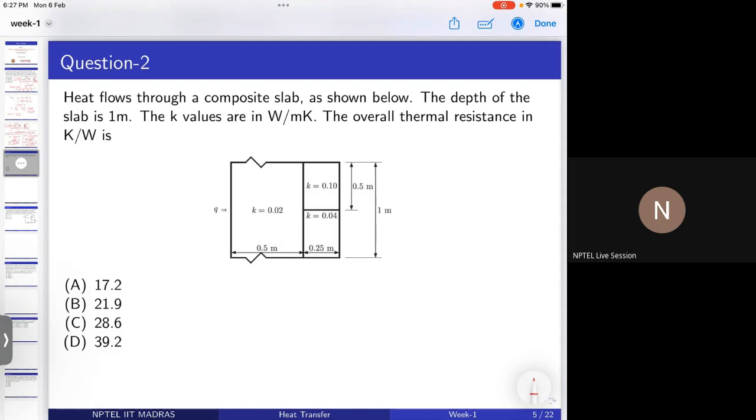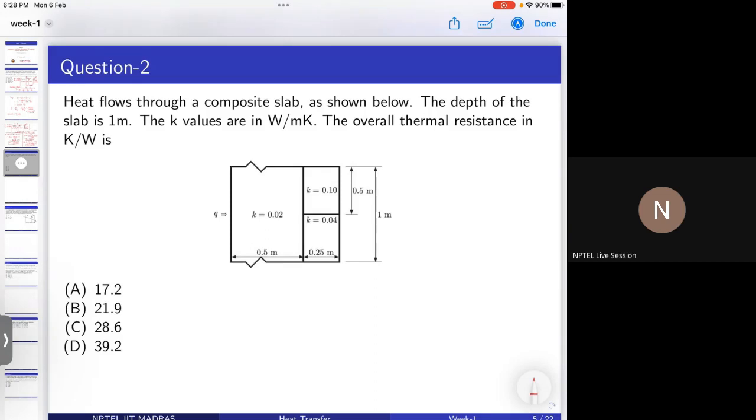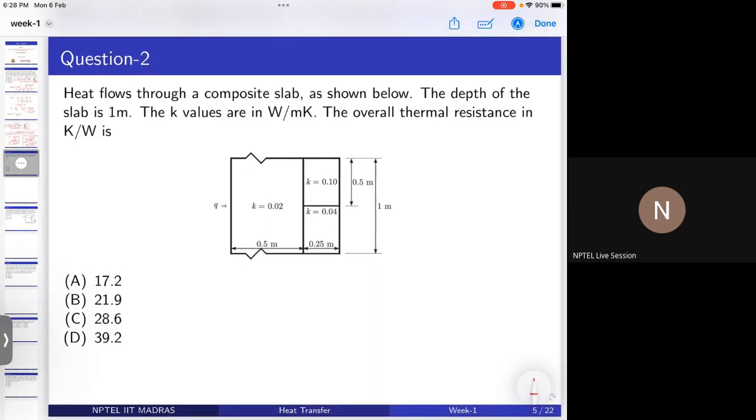We have a layer of material having thermal conductivity 0.02 initially. Then the next layer is composed of two materials having different thermal conductivities, 0.1 and 0.05, and its dimensions are also given. So you can calculate just the overall thermal resistance, that's all. You can try this question and let me know the answer.